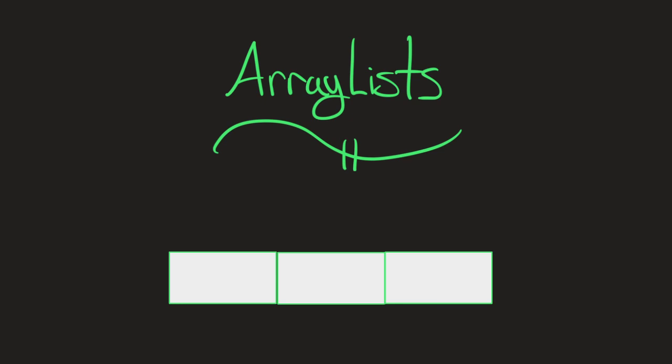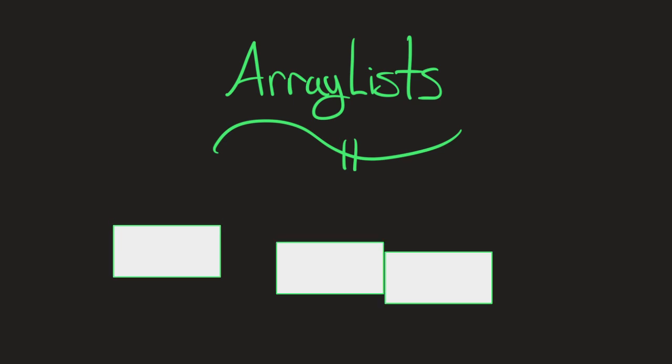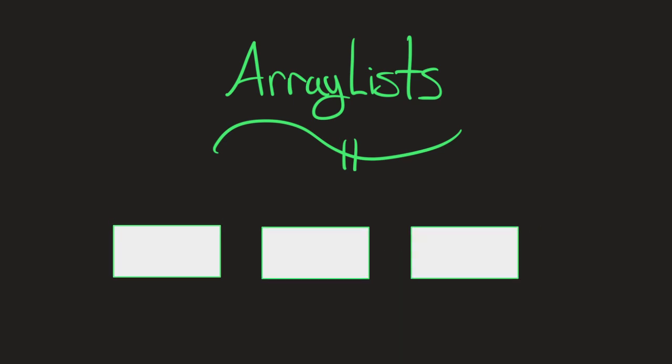So an array list is a list. Similar to an array, it can have multiple items and we can navigate through those items. One of the differences in an array list is that those items aren't necessarily stored in one single block of memory.